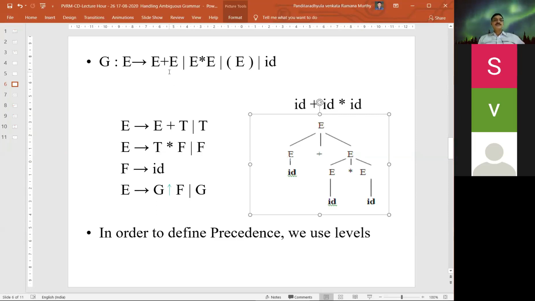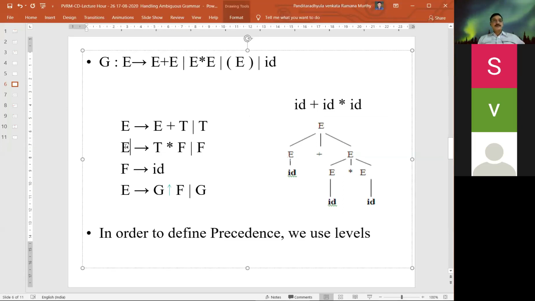The first E is represented as E derives E plus T or simply T. That means we cannot reach this E operation unless we know the result of T, if at all it is there.